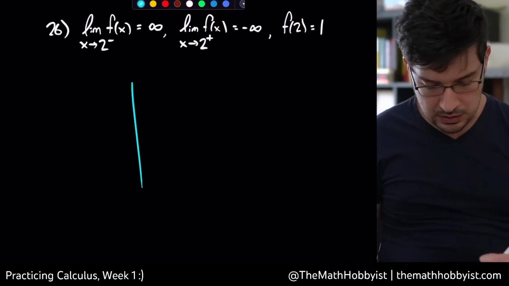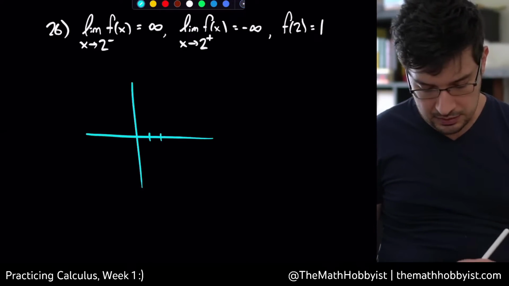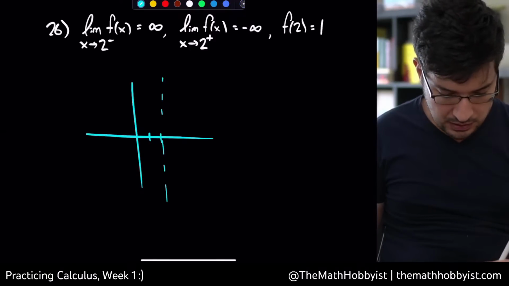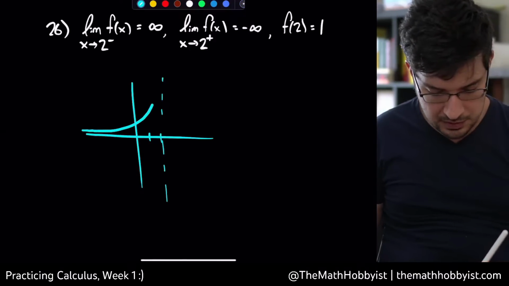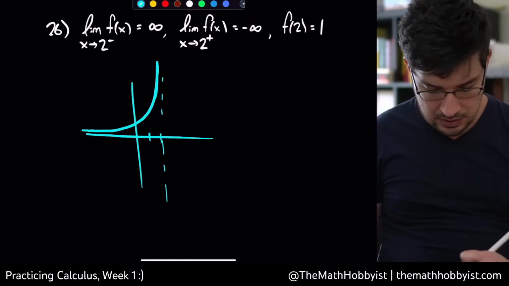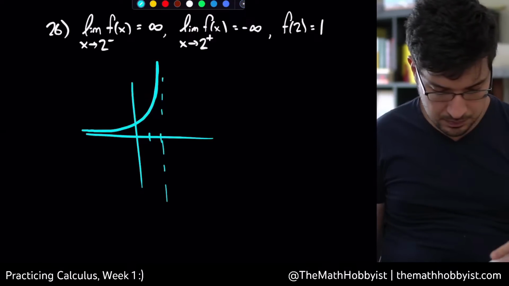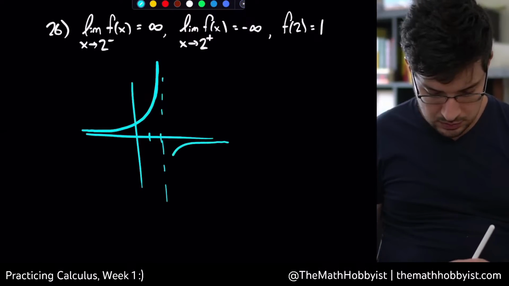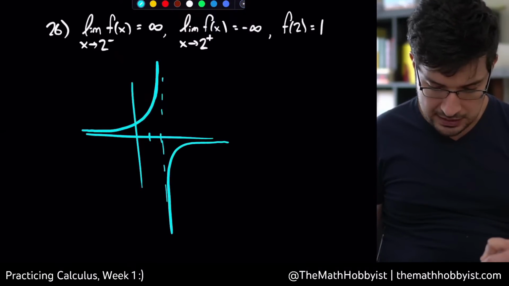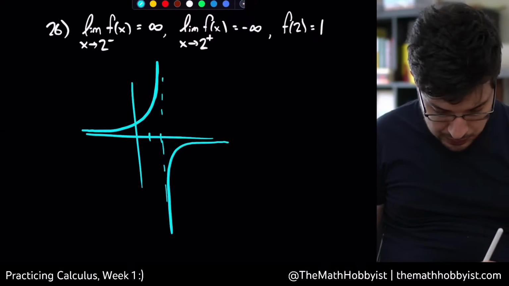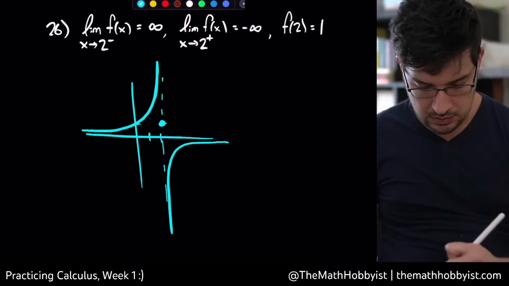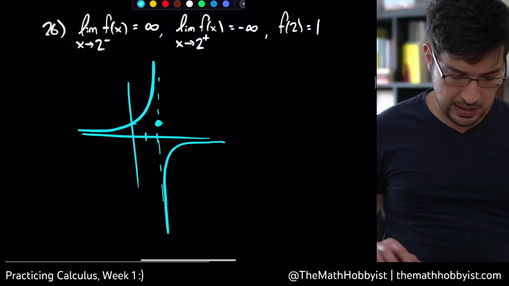Okay, now this one is like that vertical asymptote that I drew. x going to 2 from the left, x goes to negative infinity from the right, and then at the point 2, f of 2 is defined as 1. So there's a graph.